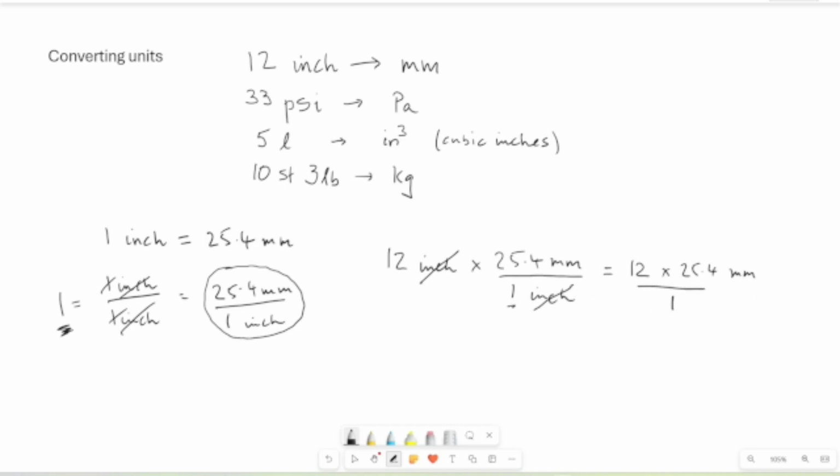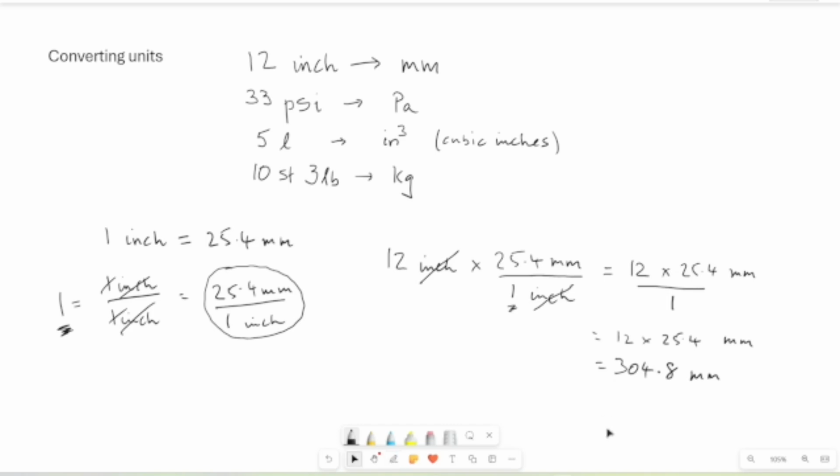Still got this 1 here, which is just 12 times 25.4 millimeters, and that gives me the answer 304.8 millimeters. And you probably know that's approximately correct because the average ruler in your geometry kit or pencil case is probably about 12 inches and about 300 millimeters in length.